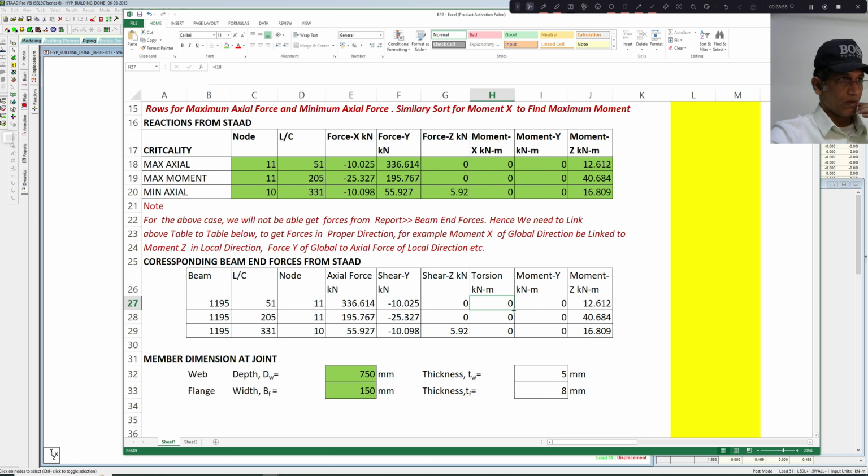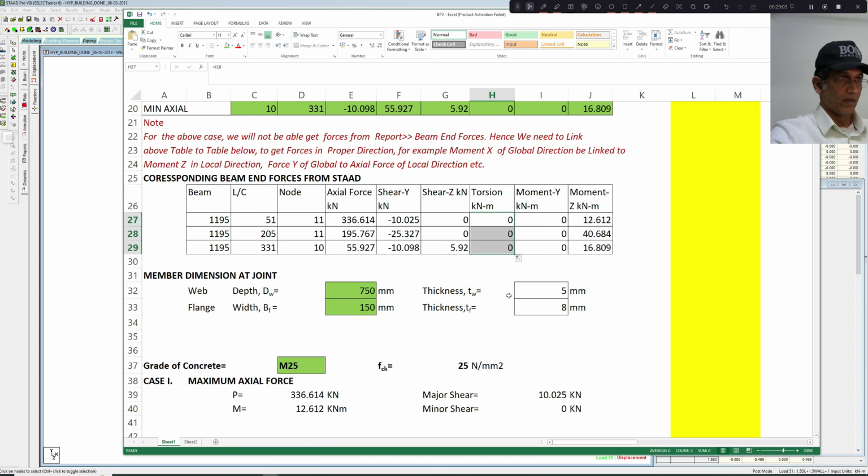Global Y is along the axial direction of the member, axial local axis of the member.